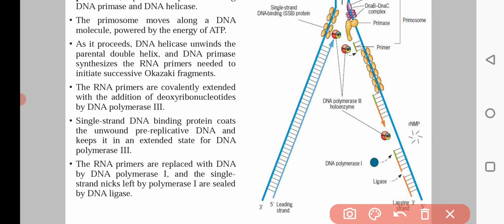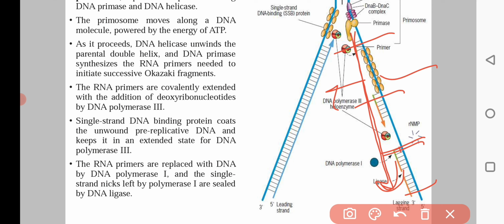So this strand gets synthesized in the form of small fragments, and ultimately these fragments are joined together with the help of DNA ligase enzyme, and form a continuous strand.